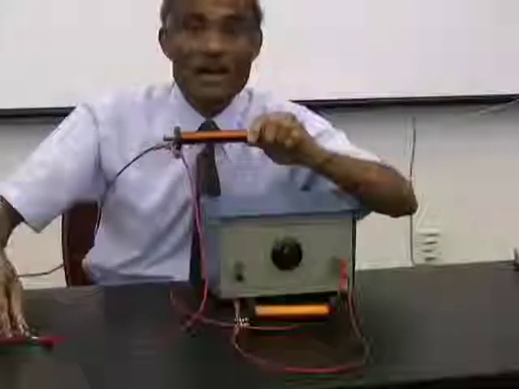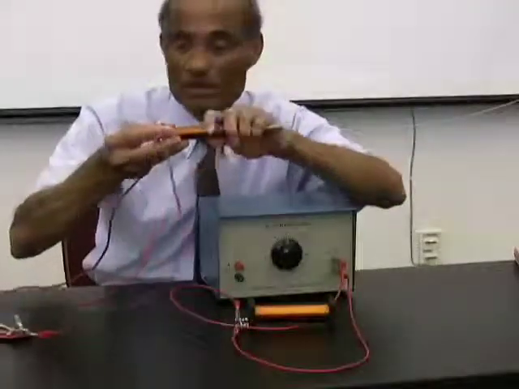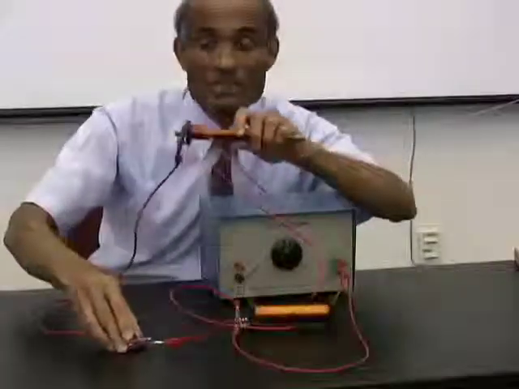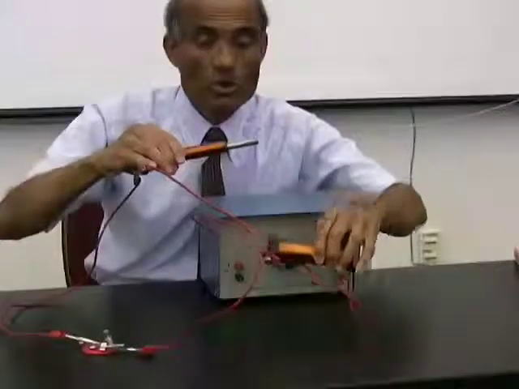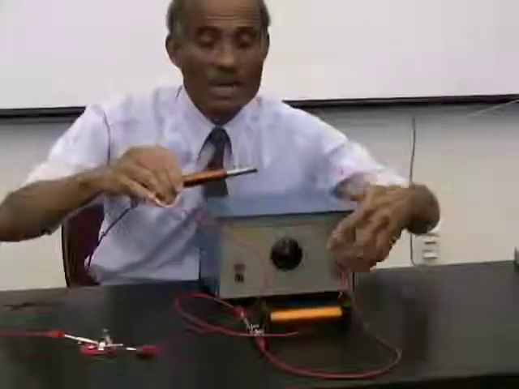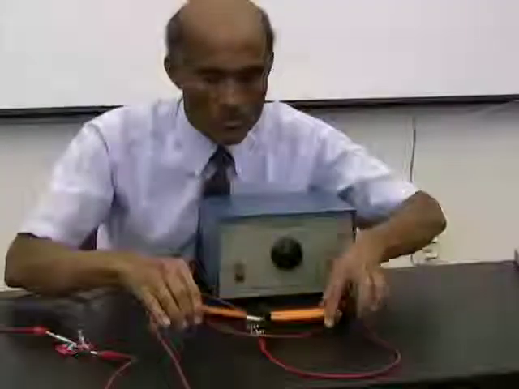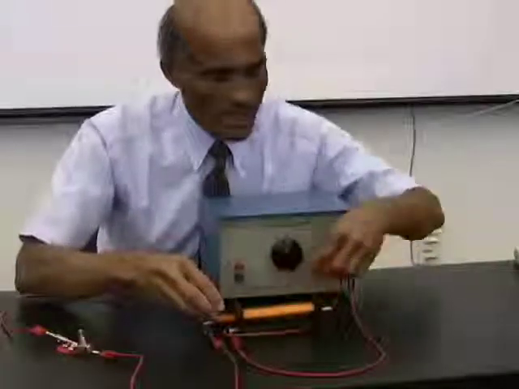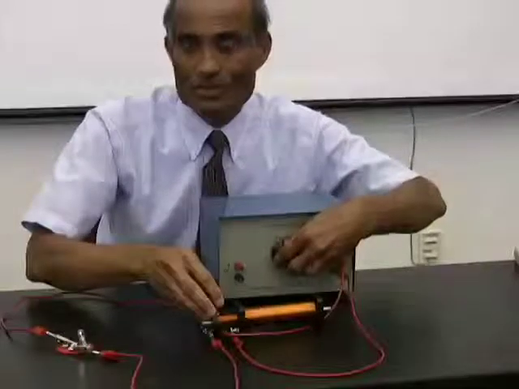If you notice, I have connected this coil, which I'm going to call the secondary coil, to a light bulb. And the light bulb will tell you if there is a current in it or not. This is the primary coil. I'm going to connect it to an AC and see what happens. I'm going to put this secondary coil in there and see if anything happens when I connect it. Look at this.